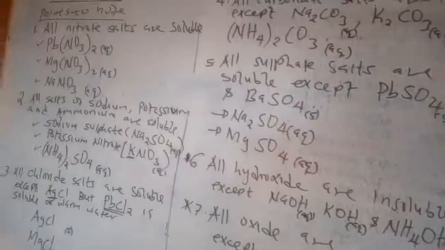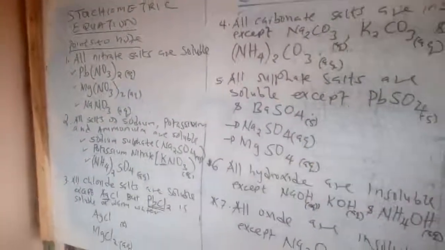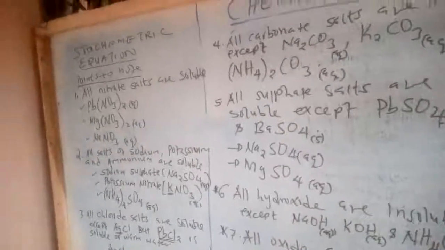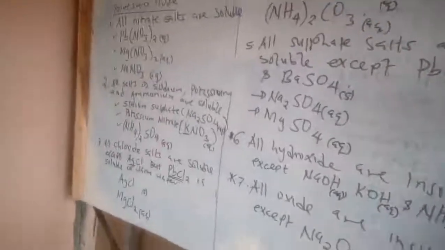On to another example, that is example number 5. I'm going to give more examples, example 5. And I'm not going to delete the 7 points because I said the 7 points are very, very important as far as this topic of stoichiometric and ionic equation is concerned.